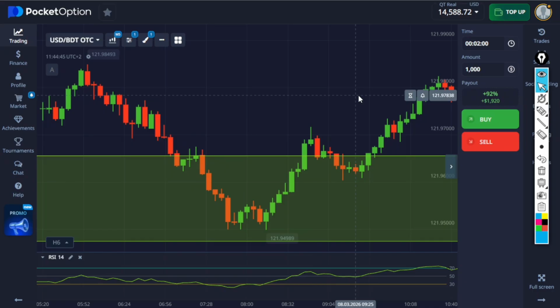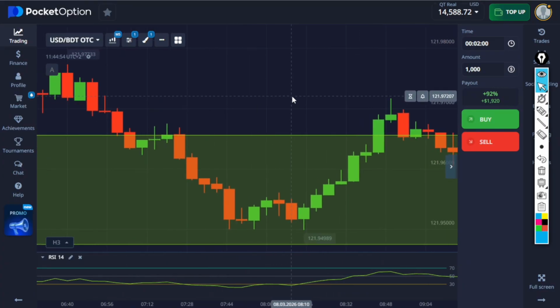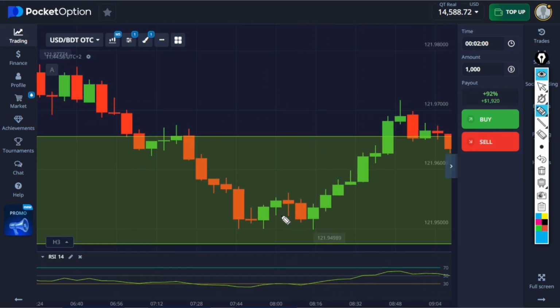So we're looking for two types of candles. We're either looking for a bullish engulfing candle or a bullish rejection candle. And if we zoom in closer, this candle here engulfs the previous candle. Okay, so that's confirmation number one. Confirmation number two comes from the RSI.